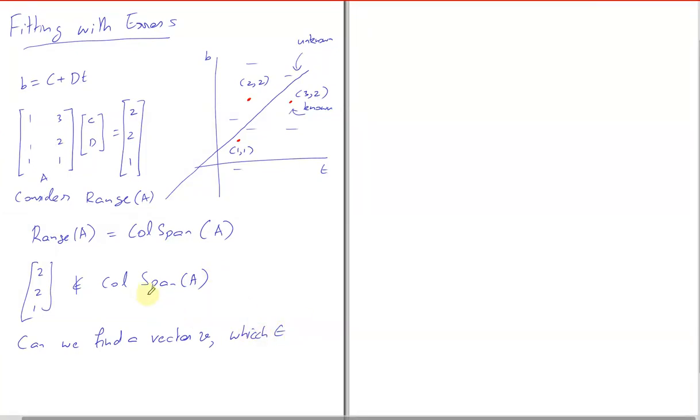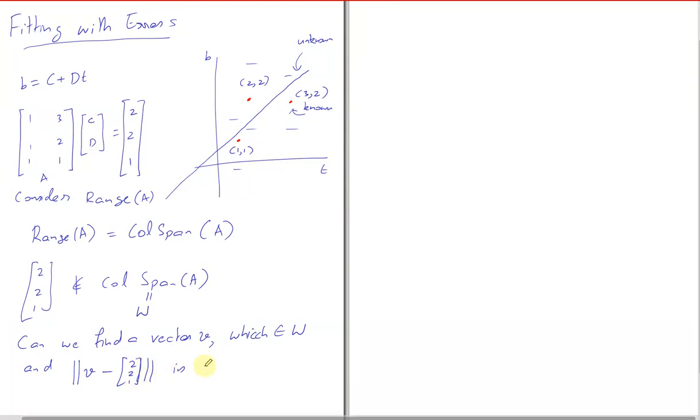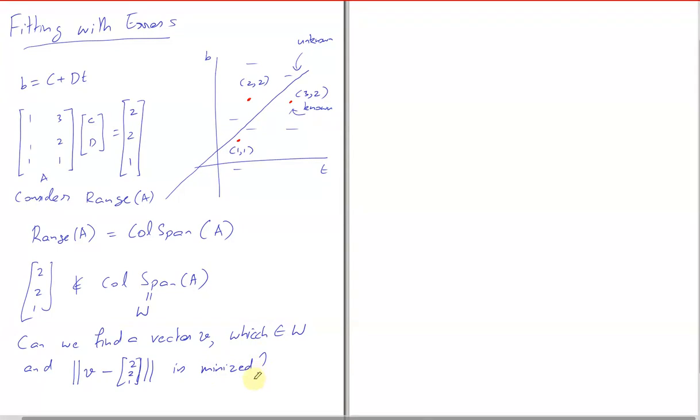Let's call the column span of A W. And we want V minus (2, 2, 1), the distance of V from (2, 2, 1), to be minimized.